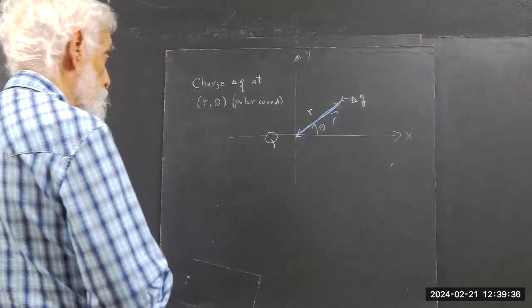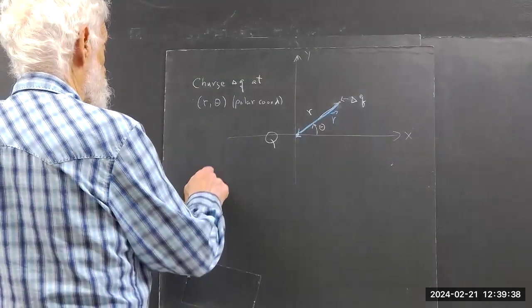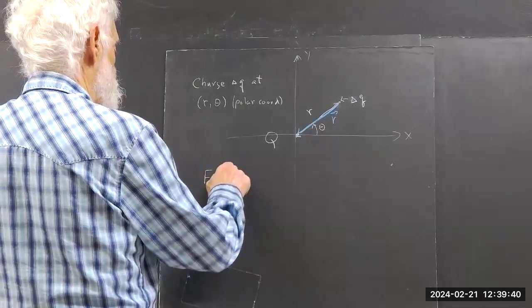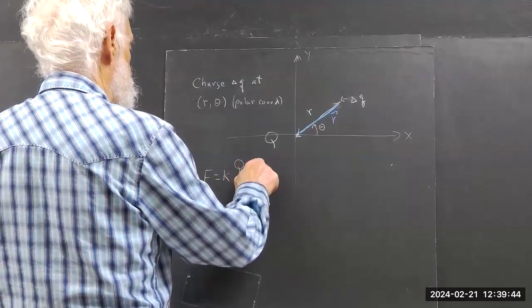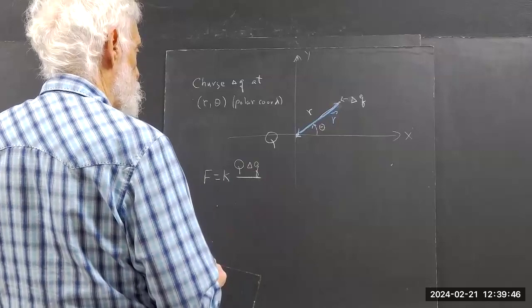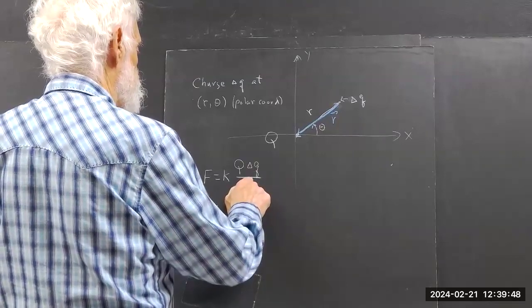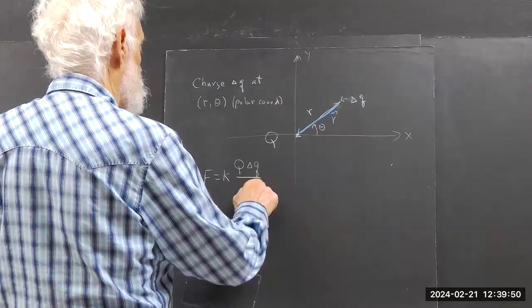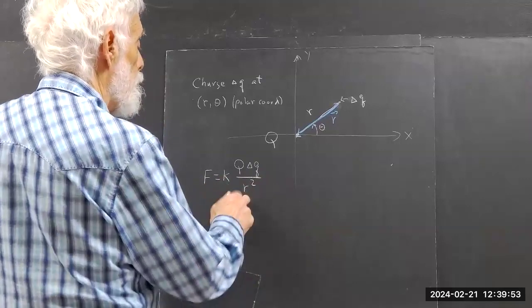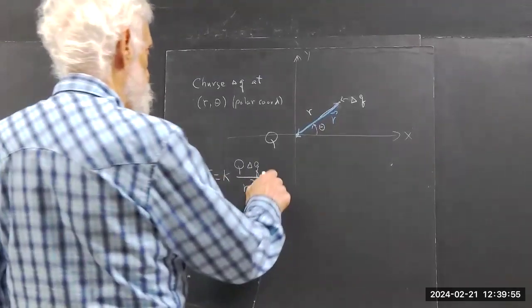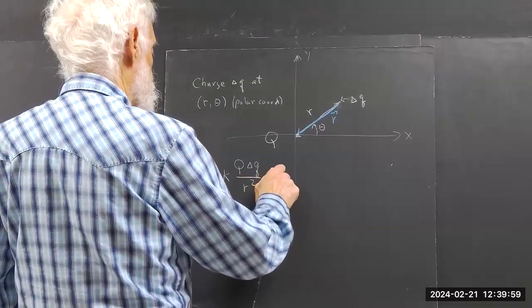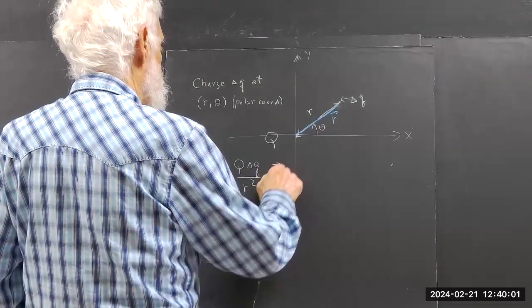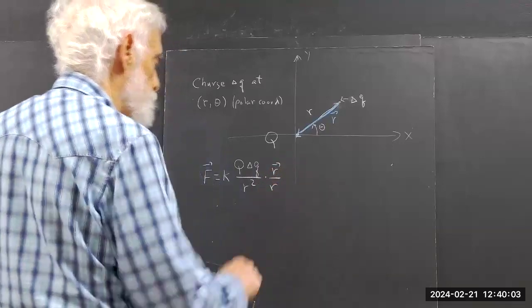Now from that, the force is big Q delta Q, K times the product of the charges over the square of the r vector. That's a vector force. We're going to have the vector times the r vector over r.